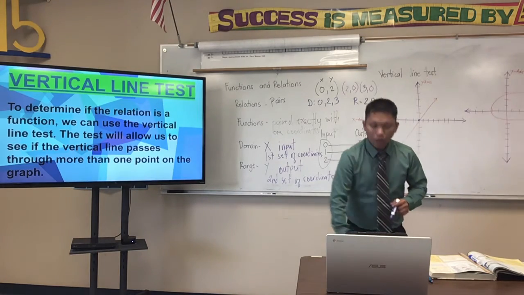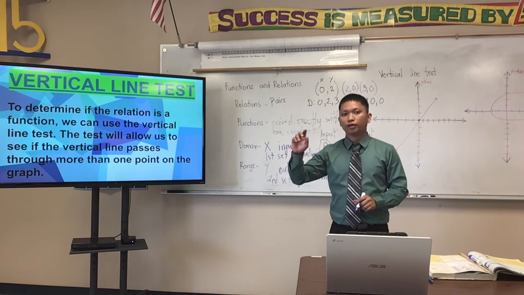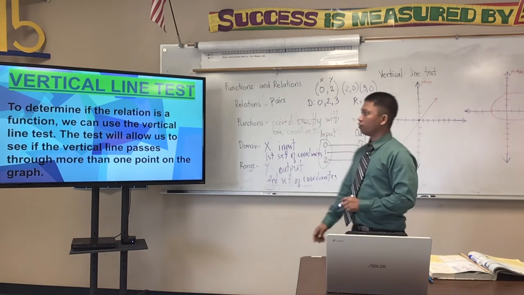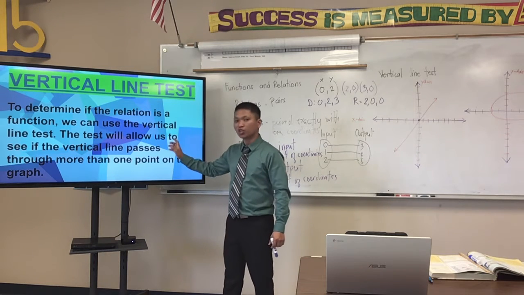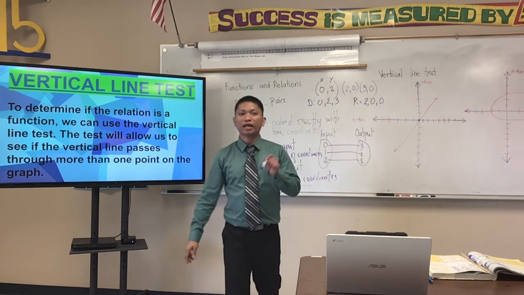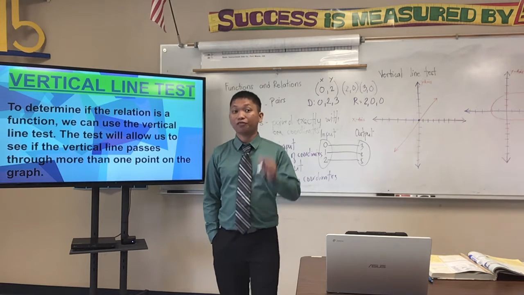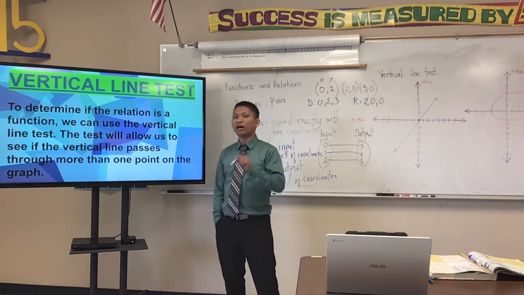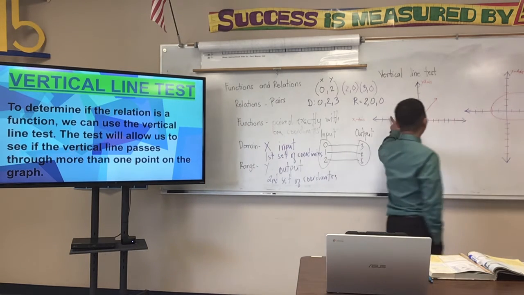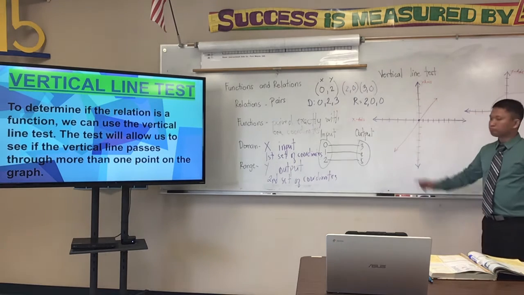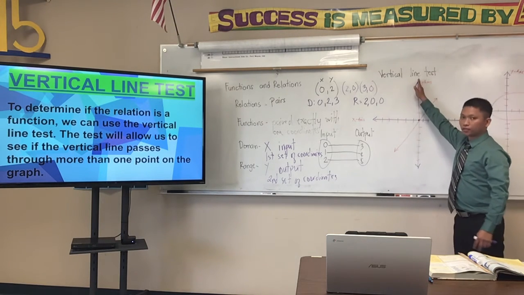Okay, so how can we identify if a graph is a function? We can use the vertical line test to determine if the relation is a function, because not all relations are functions, but all functions are relations. So take a look at this example. We have here a graph with the x-axis and the y-axis.